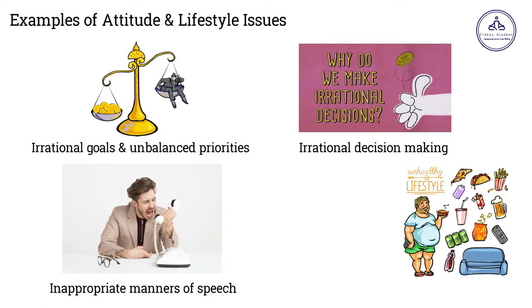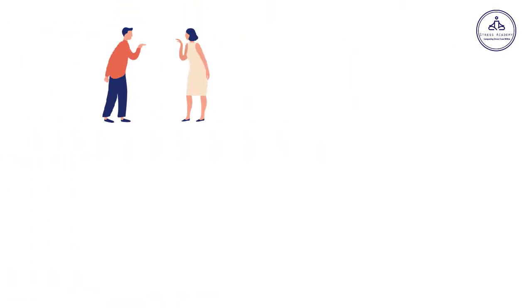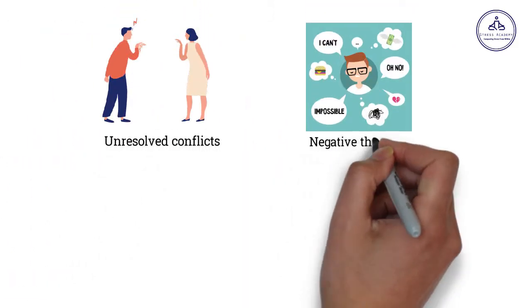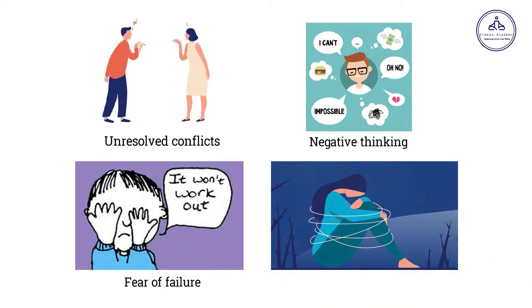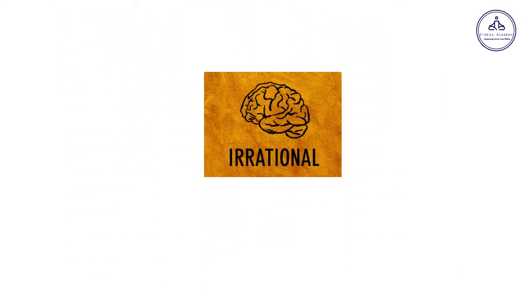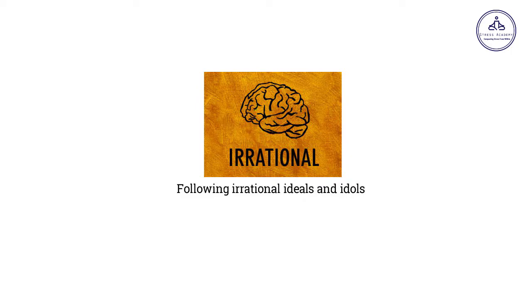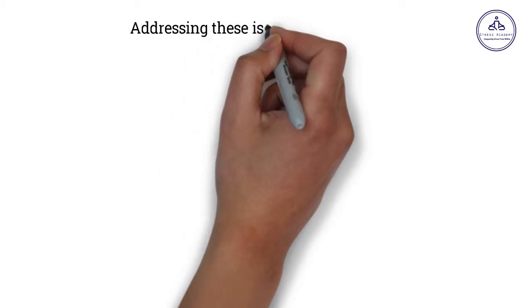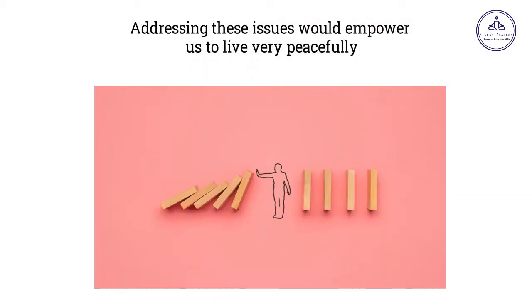Inappropriate speech. Unhealthy lifestyle. Unresolved conflicts. Negative thinking. Fear of failure. An inferiority complex. And following irrational ideals and idols. We will discuss each of the above behaviors in detail in future videos. Addressing these issues empowers us to live peacefully by containing stress.